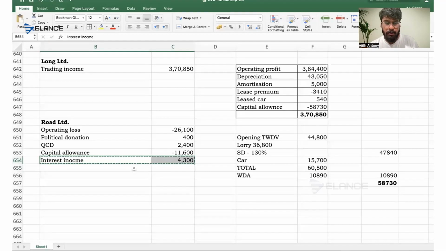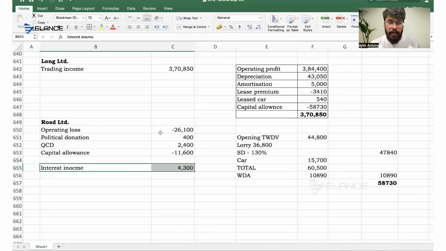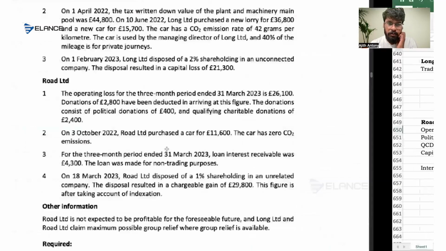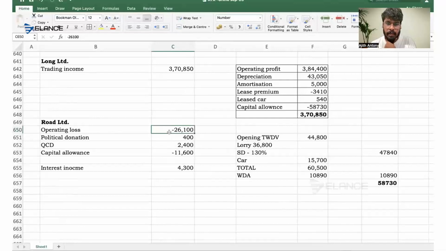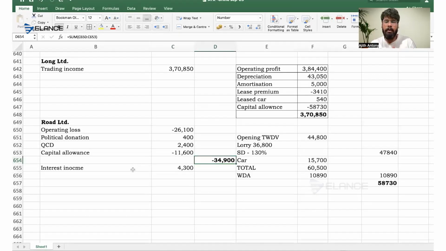Okay, we are just done with the adjustments of the trading income computation. So Rod Limited has a 34,900 loss. Okay, it is a trading loss. In this 3-month accounting period, Rod Limited doesn't have any trading income.